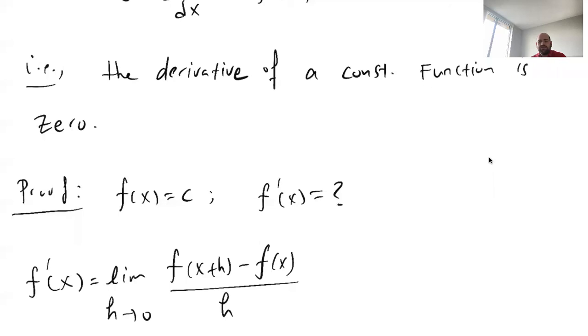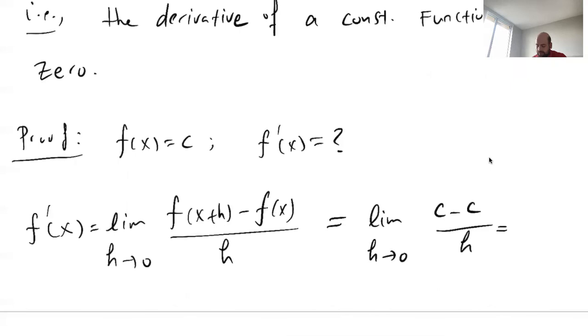So constant function means the output is always the same, no matter what the input is. So whether the input is x plus h or x or whatever, the output is always c. That's the meaning of a constant function. So the limit is c minus c divided by h as h approaches 0. And then this is limit 0 over h as h approaches 0.